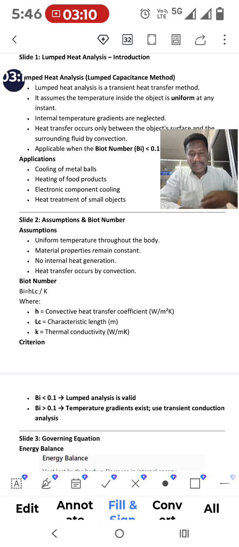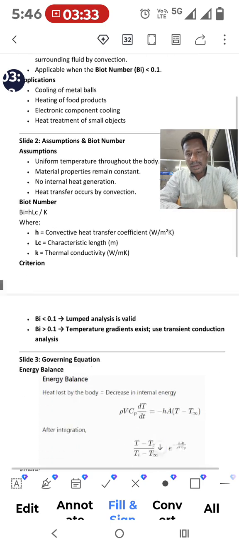Convective heat loss is equal to the rate of change of internal energy. For lumped analysis systems, the Biot number is always less than 1.